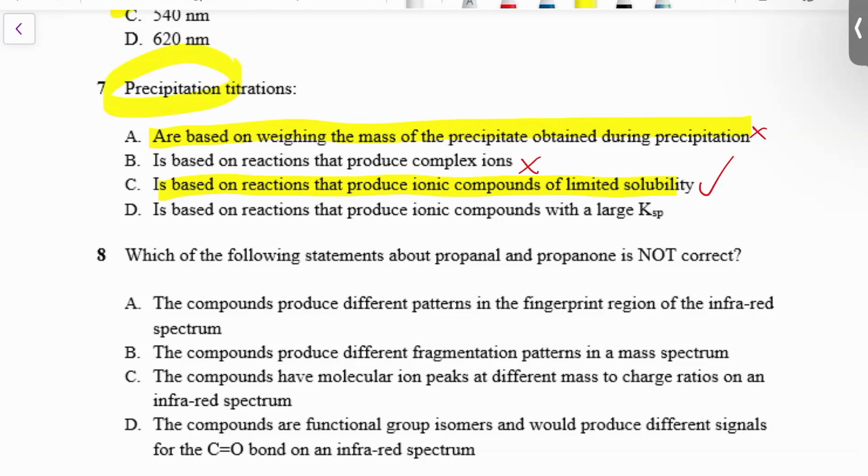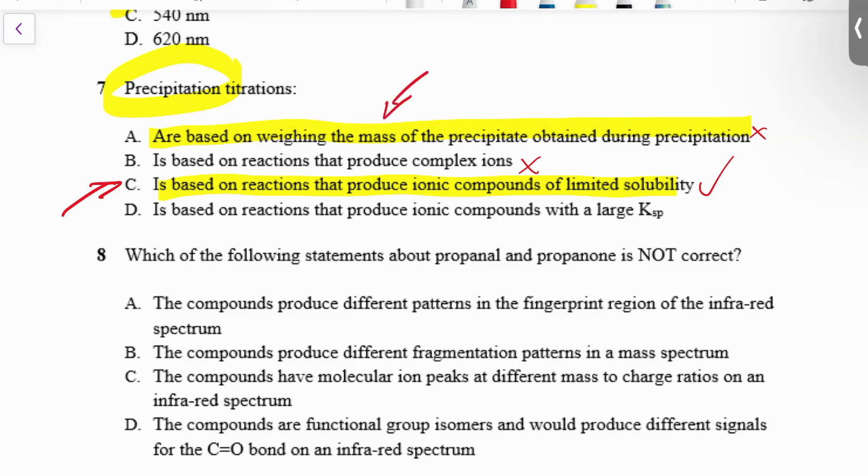That's what we said in A as well. We said, I don't care what mass gets made. I just care that a mass gets made. That's what C is saying. C is saying, I'm doing a reaction that doesn't dissolve very much, so a mass does form. C doesn't say, I care how much mass got formed. That's what A said.